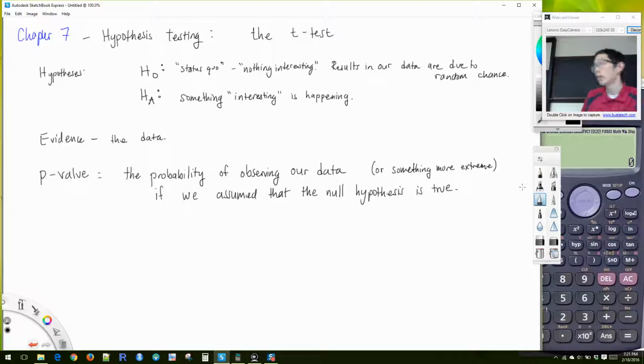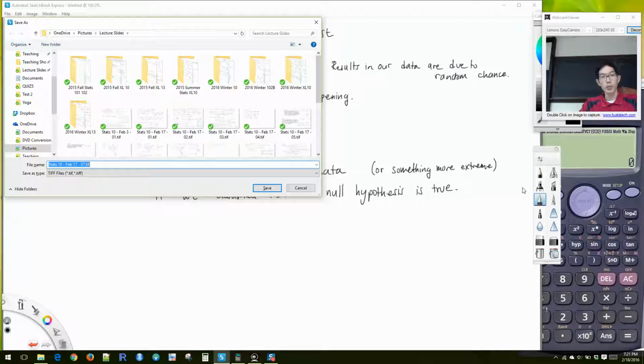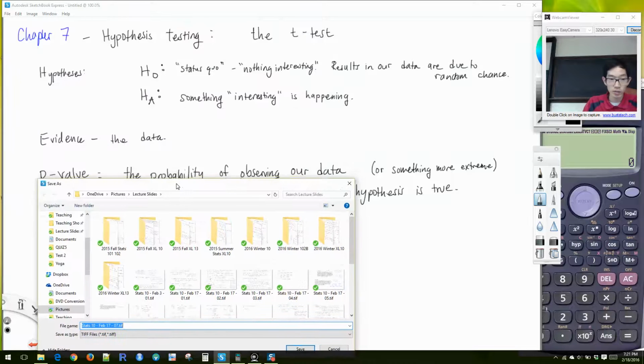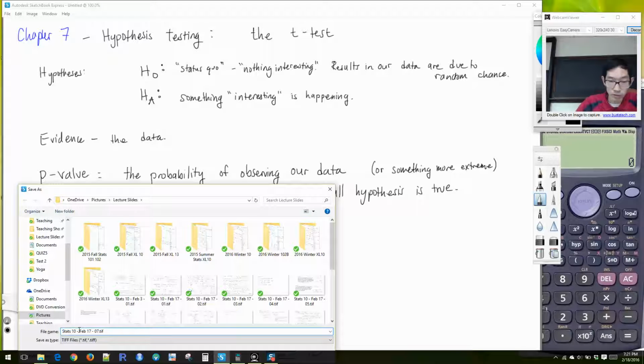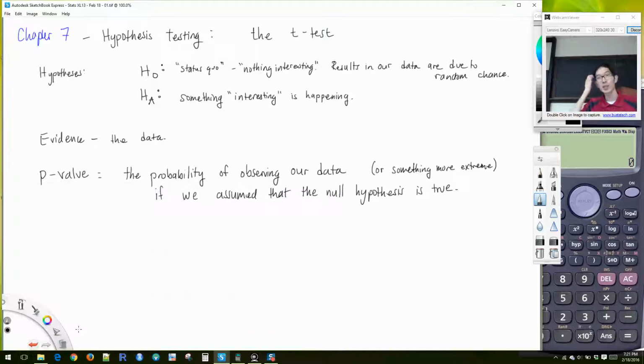Before the midterm exam, I think I used this example: you're playing a game with your friend, and he's supposed to flip some coins. Basically, the more times it comes up heads, the more he wins.